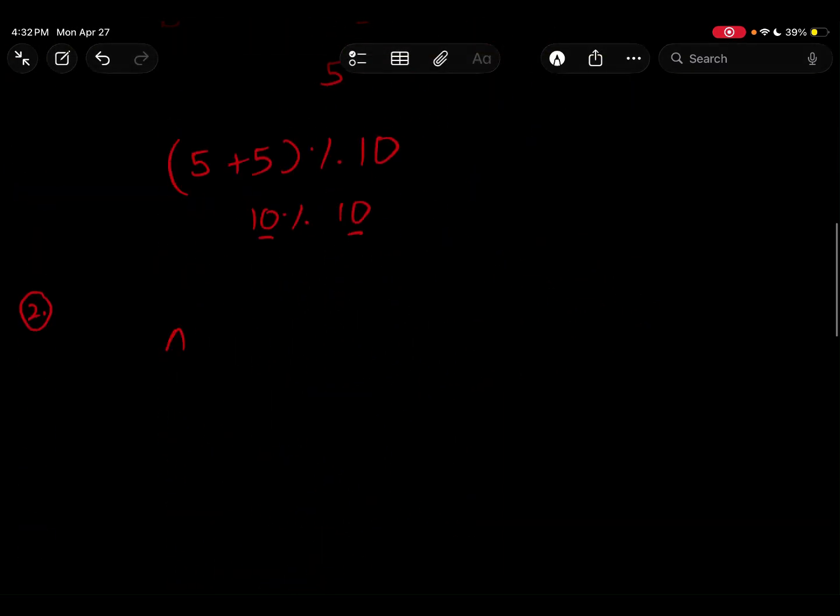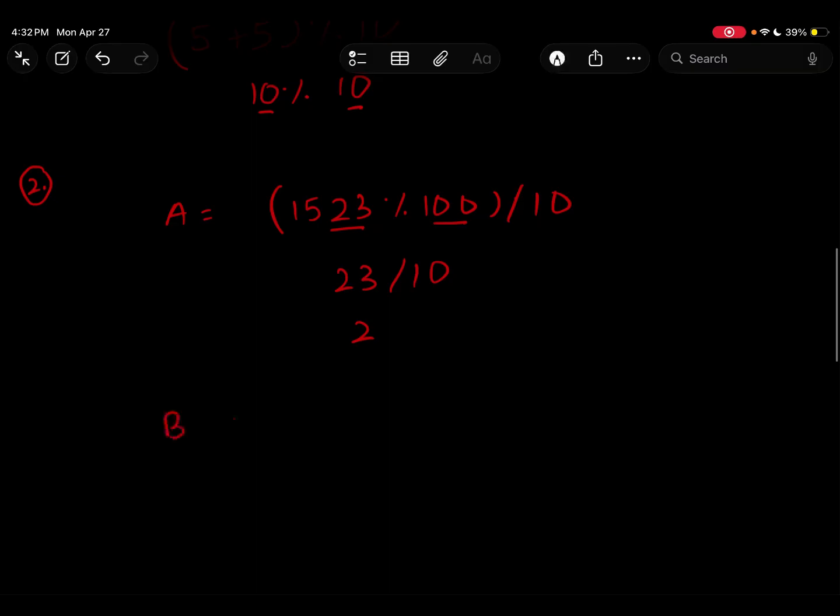Now let's do the second digit, which is 1523. A is 1523 mod 100 divided by 10. Again, I don't do 1523 mod 100 on the whole number, I do 23 mod 100, which is 23, divided by 10, which is 2.3, which is just 2. B is 1523 mod 10, which is just 3.